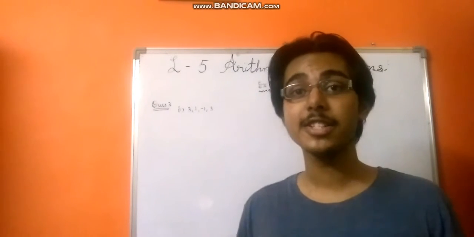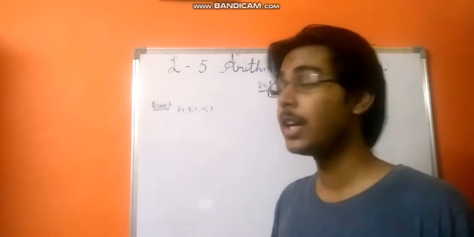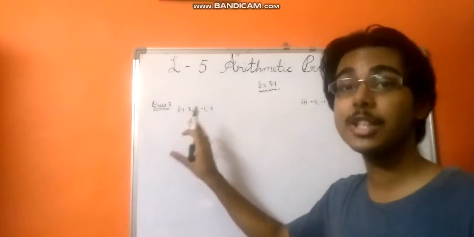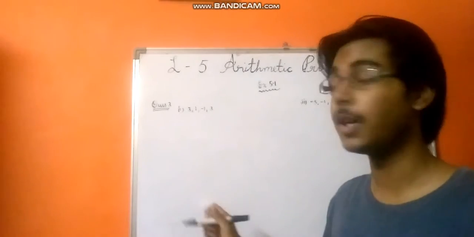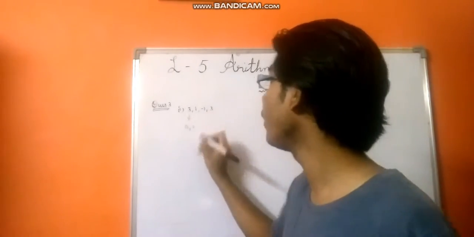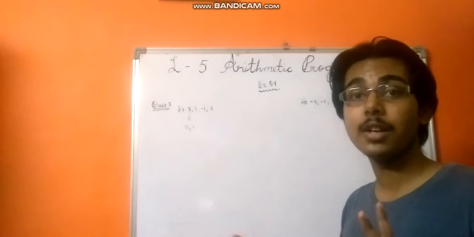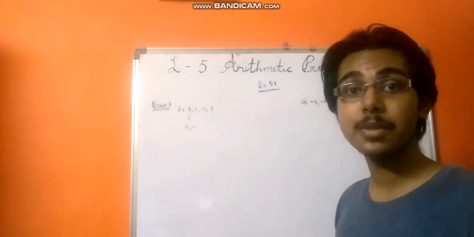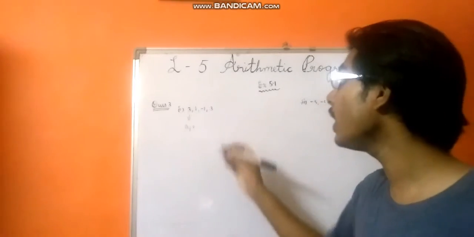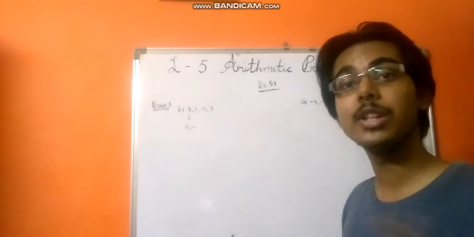Now common difference in an AP can be easily found out and the first term can also be found out very easily. See, the first term, which is the first number that is written in the series, is the first term. So here 3 is your first term, which is denoted by A1. Now to find the common difference, you know that in an AP, the difference between two corresponding terms has to be the same. Therefore, you can take any term and subtract the previous term from it.